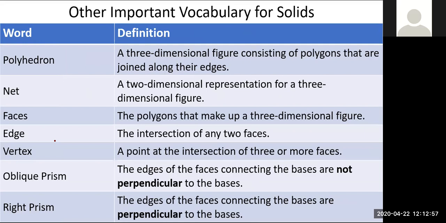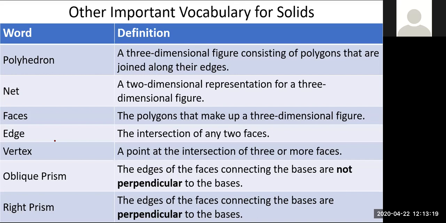So we'll look at nets as we go along. I'll have some shapes that I also show you that deal with nets. Faces are the polygons that make up the three-dimensional figure. Edges are the intersection of any two faces. A vertex is a point at the intersection of three or more faces.